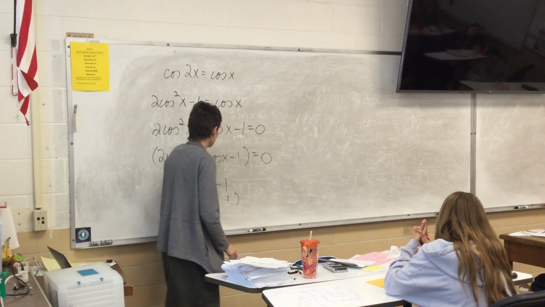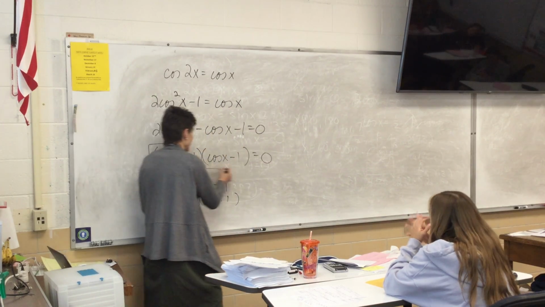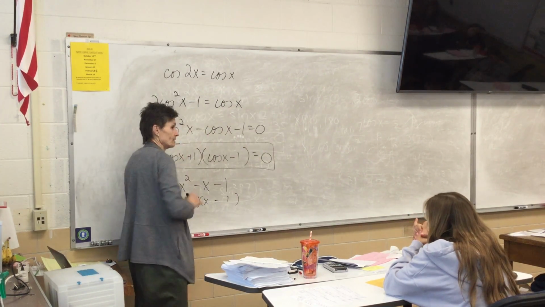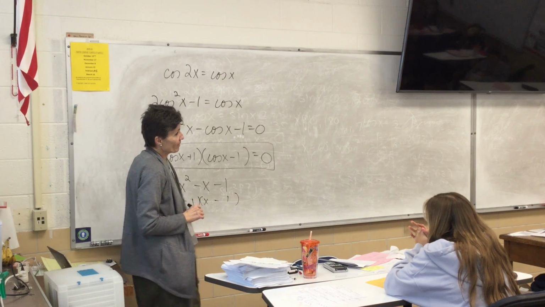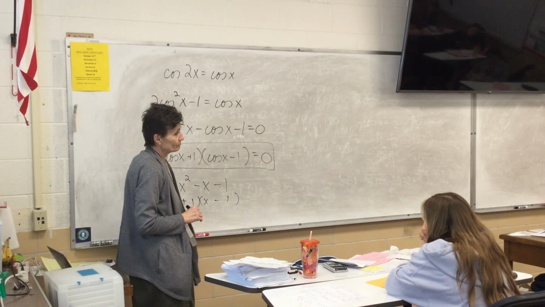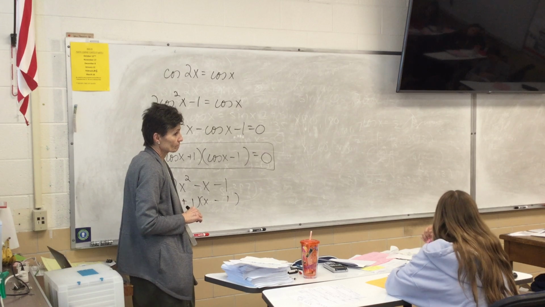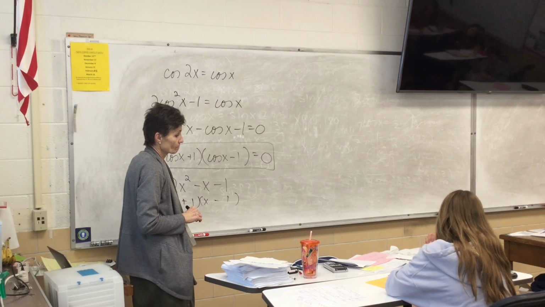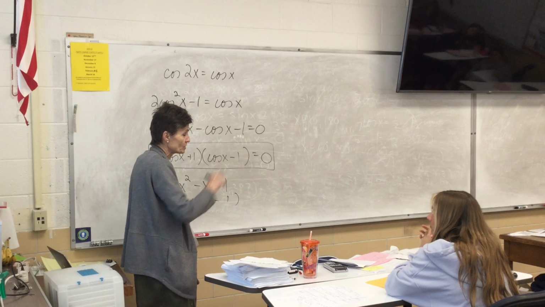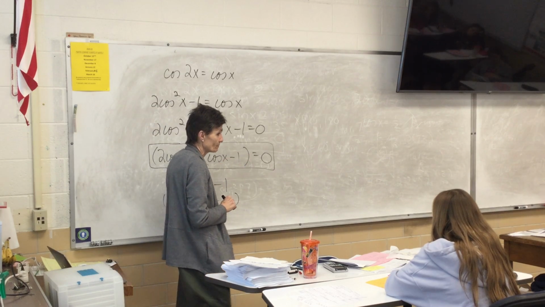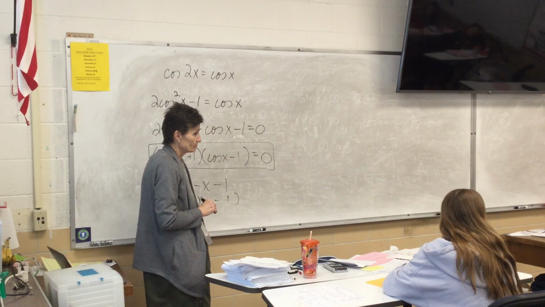All right, Gavin, what do I do now? This is where I am. I have it factored. So what do I do after I factor it? I'm not sure. Okay, look at the one we just did on the previous page.